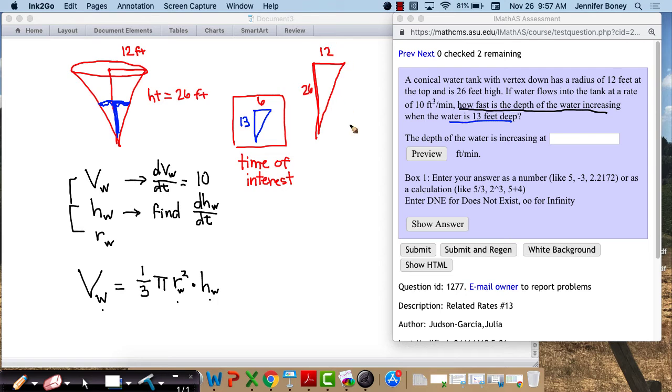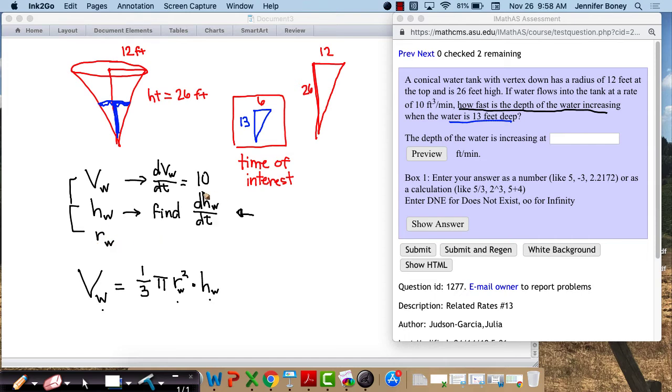One's going to be 6/13 of the other, or 13/6 of the first. So if you want to write this just in terms of one variable, we can do that. And notice our goal is to find how the height of the water is changing, not how the radius of the water is changing. So if I could write this whole expression in terms of just v's and h's and eliminate the r's by substituting, then I won't have to deal with this r of w and dr dt, or dr sub w of t, dt, not of t.